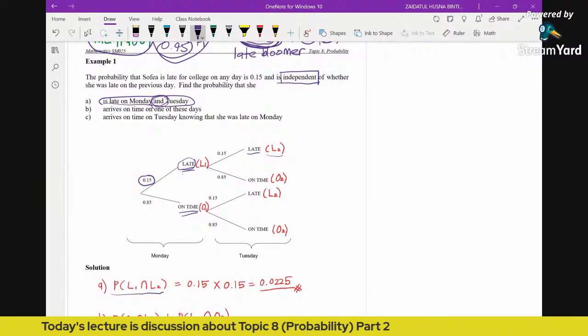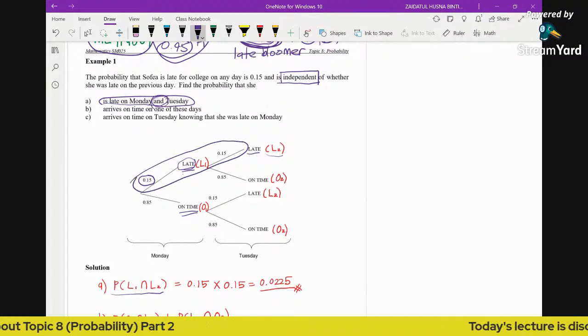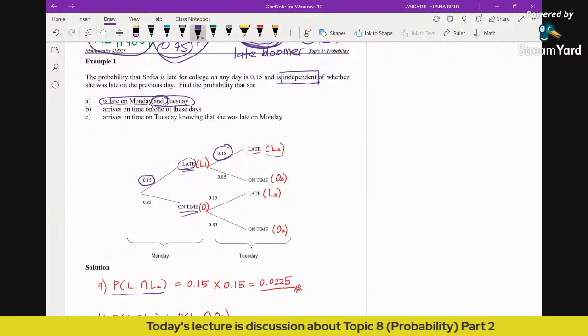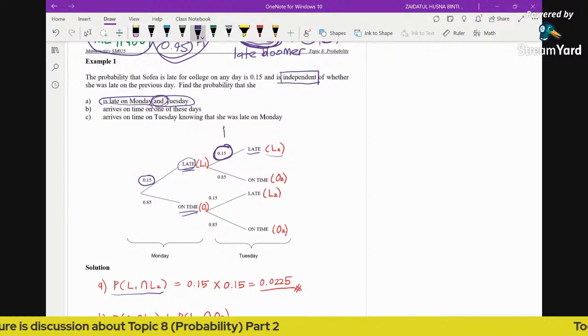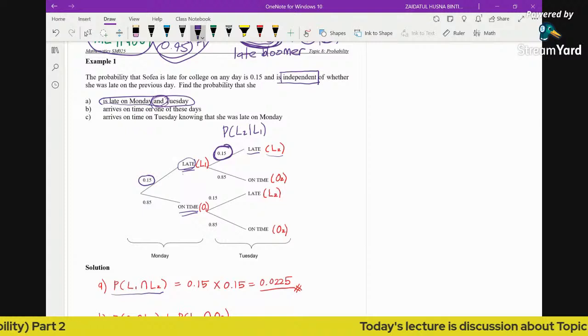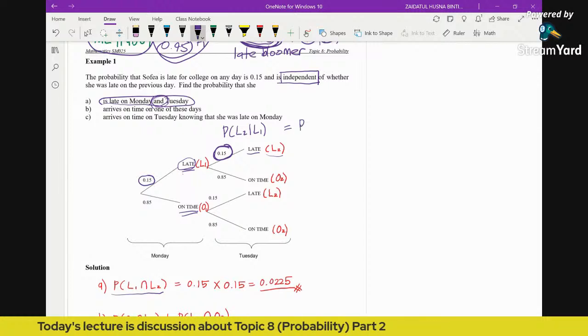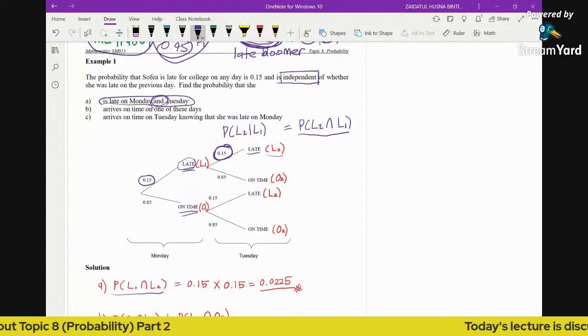So how to get L1 intersect L2? We just multiply the values on these two branches. Why is that? Because, as I told you just now, this 0.15 here is the probability of L2 given L1. If we use the conditional probability formula, the probability of L2 given L1 is equal to the probability of L2 intersect L1 divided by the probability of L1.